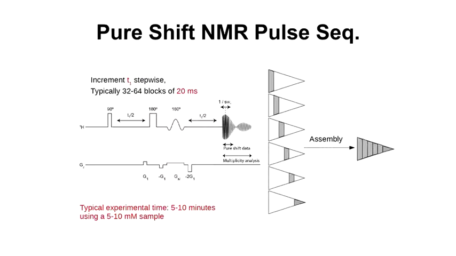So the first T1 increment, you acquire the data for the first 20 milliseconds. The second one, you wait 20 milliseconds, and you acquire from 20 to 40 milliseconds. The third one, you wait 40 milliseconds, and you acquire from 40 to 60, and so on. Then you can reconstruct the FID with these different T1 periods.